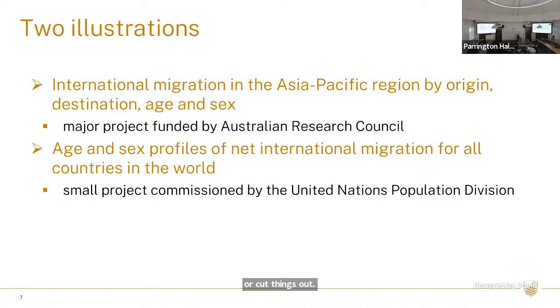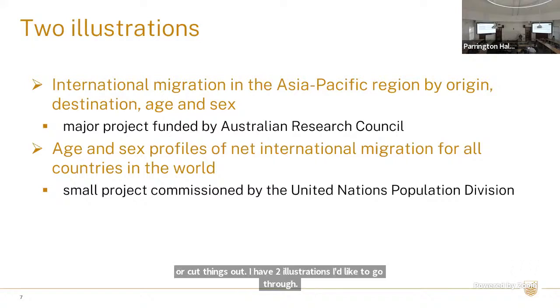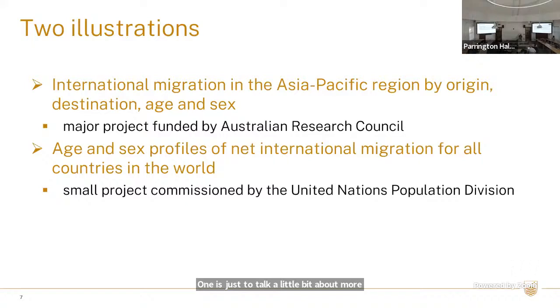I have two illustrations I'd like to go through. One is just to talk a little bit more about the Asia Pacific project that I had, which was estimating annual flows by origin, destination, age, and sex. This was funded by the Australian Research Council. And then more recently, I'm heading to New York next month to see how this project's going.